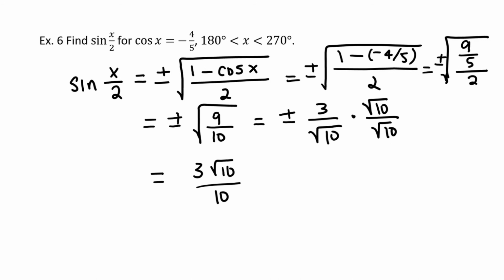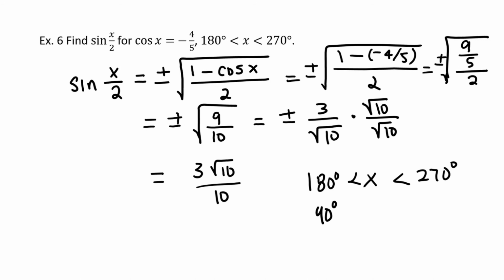Now, how do we decide if this is positive or negative? If x is between 180 degrees and 270 degrees, that puts x in the third quadrant where sine is definitely negative, but we're actually concerned with x over 2.